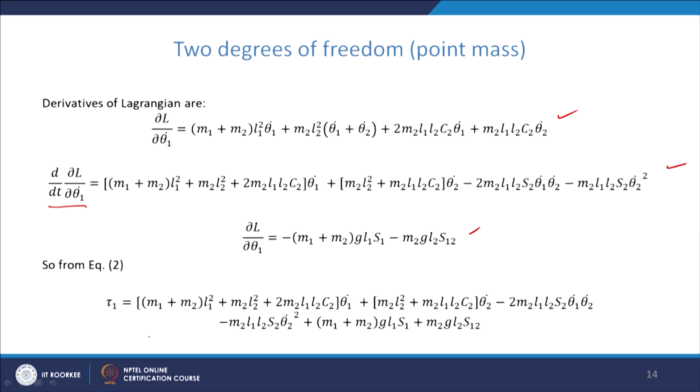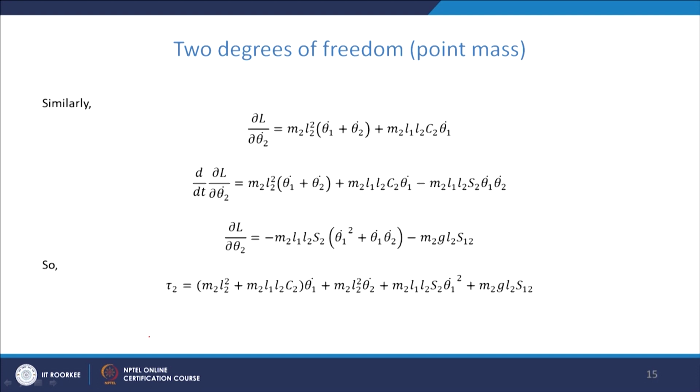So, we get del L by del theta 1 to be like this. Similarly, for theta 2, del L by del theta 2 dot is this, its time derivative is given by this, and del L by del theta 2 is given.